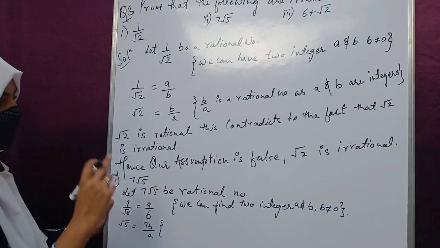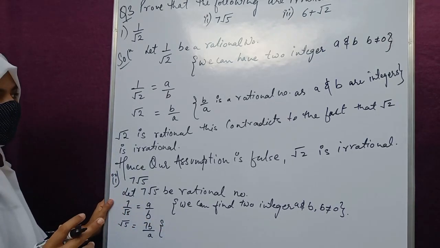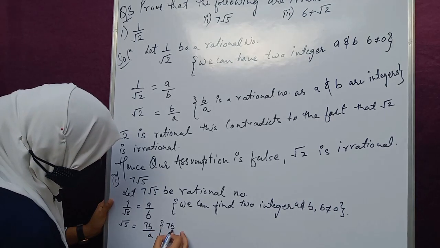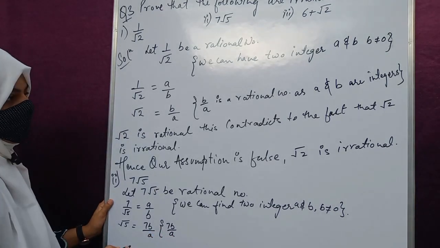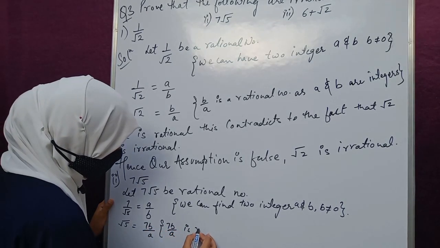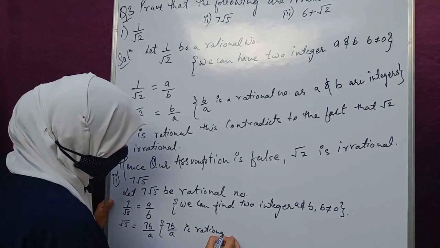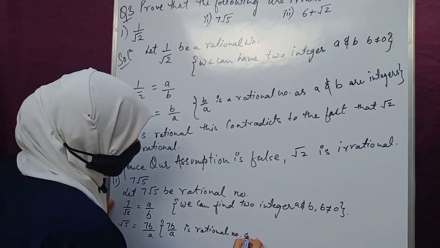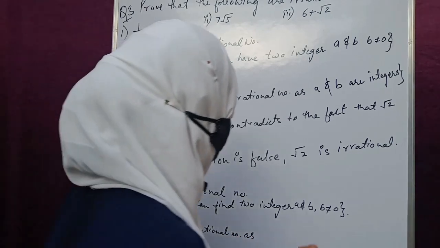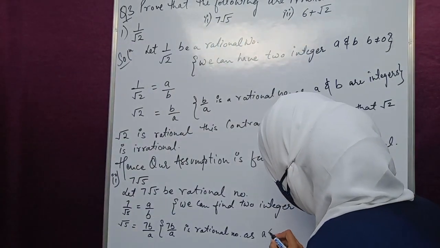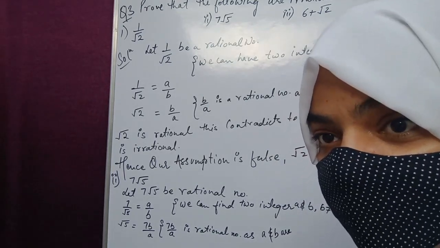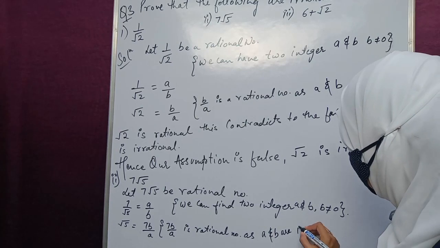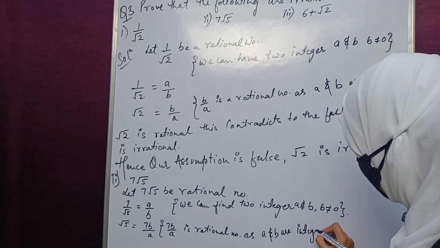As 7b upon a, or you can just write b upon a, is a rational number as a and b are integers, as we have already taken.